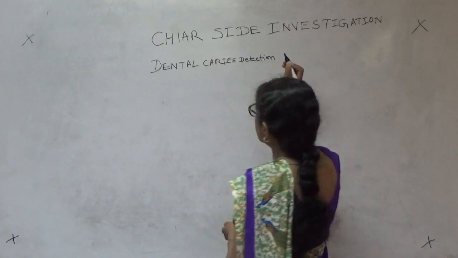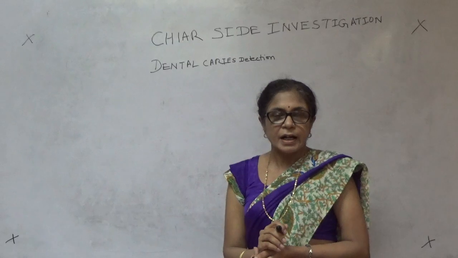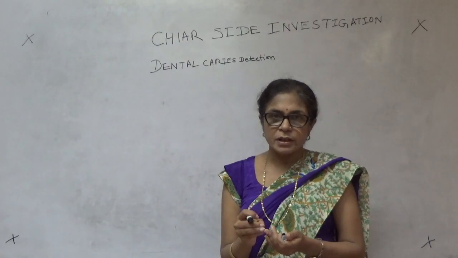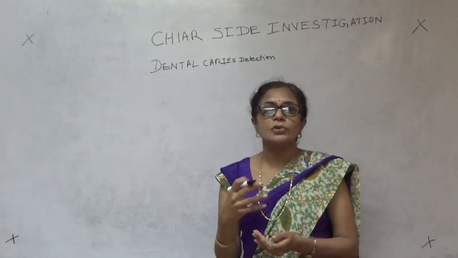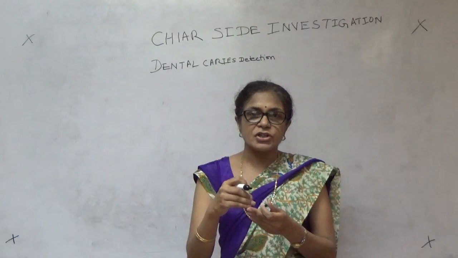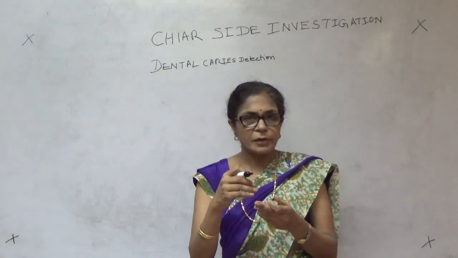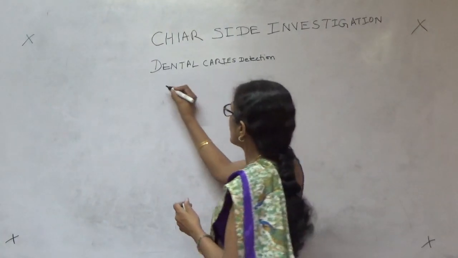There are many methods of detecting dental caries. First is the visualization method, then the probe method. Then we come to methods like laser detection, percussion, and pulp testing. If we detect that the pulp may be involved, then we do a pulp vitality test.